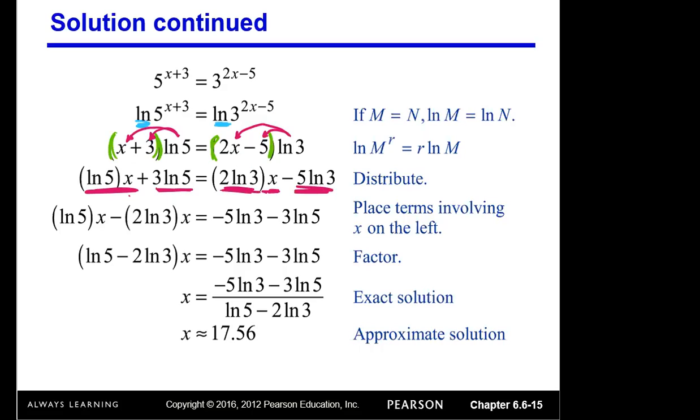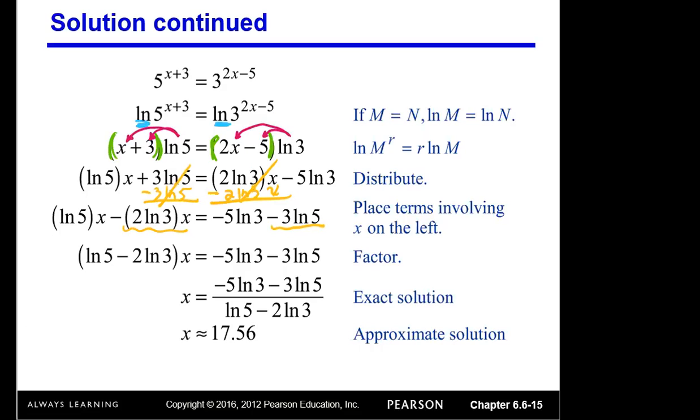And then, since you're trying to solve for x, they put any logarithmic terms with x on the left side of the equation and any logarithmic terms without x on the right. So they subtracted the 2 natural log 3 of x from both sides, and then they subtracted the 3 natural log of 5 to cancel it out, and it shows up over here.